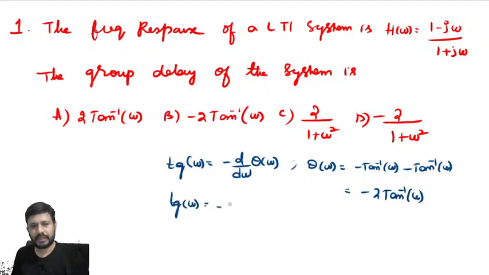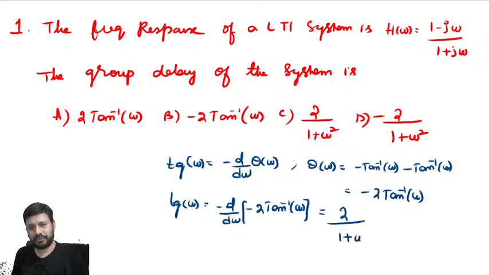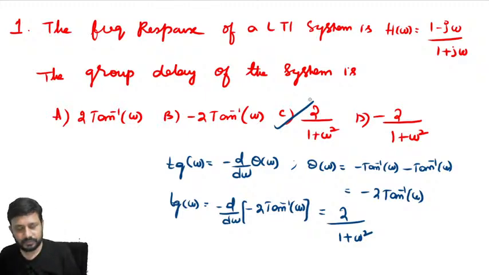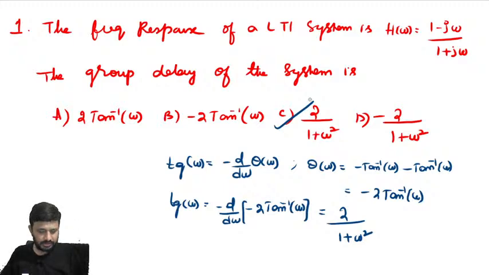Group delay is minus d by d omega of minus 2 tan inverse of omega, which is 2 by 1 plus omega square. Option C will become the right answer. Josna, you are right. Haresh, you must be very careful. Vamsi, minus symbol.